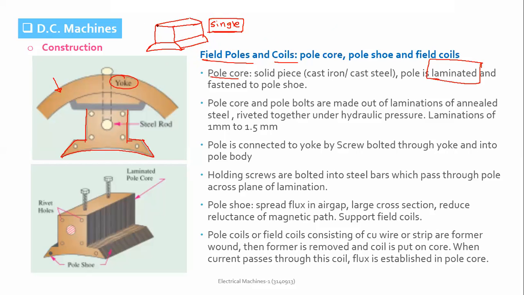And instead, what do I do here? Instead of the single solid piece, I cut this into a number of small sections, let's say of 1 mm. This is just an example: let's say this is a total of 100 centimeter.